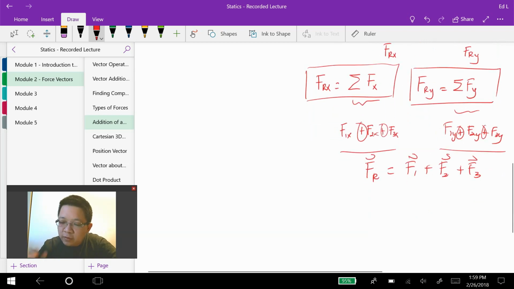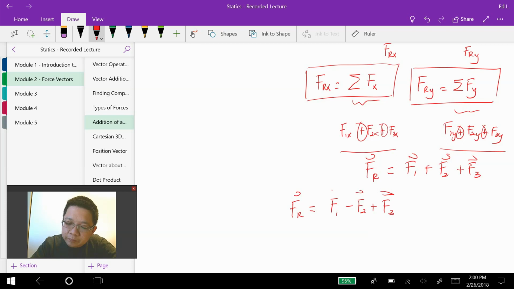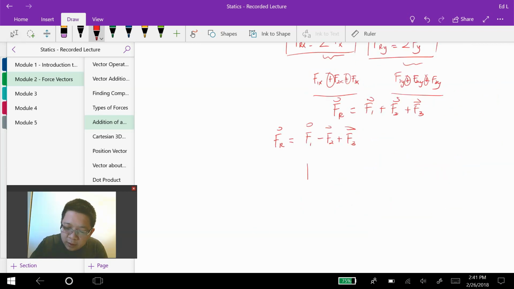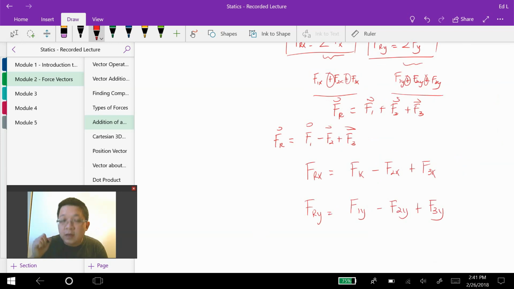For example, if Fr is defined as F1 minus F2 plus F3, then Frx is equal to F1x minus F2x plus F3x, and Fry is equal to F1y minus F2y plus F3y.